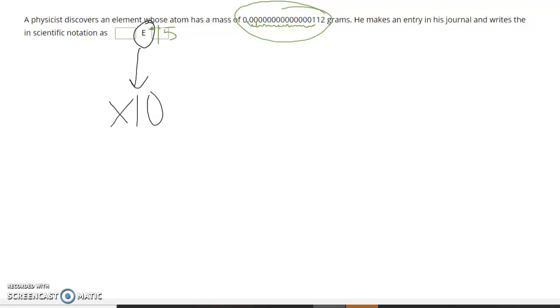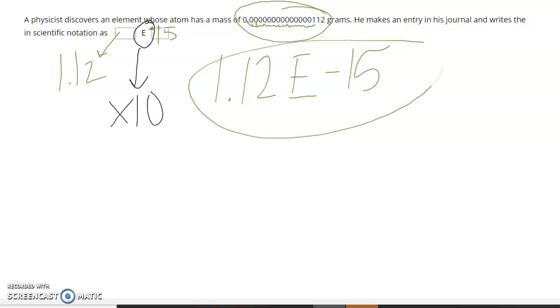When you have a number less than one whole, your exponent is negative. A number greater than one whole is positive. So that means this number right here would be 1.1200. So in scientific notation written this way, you would have 1.1200 E, so that's times 10 to the negative 15. That's how you would write it in that form.